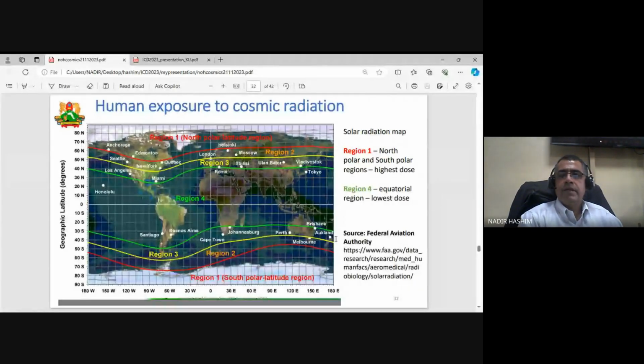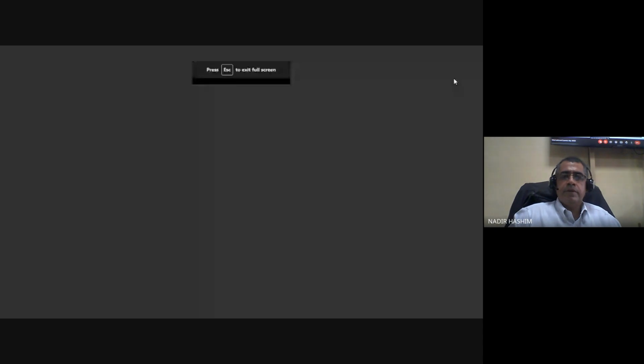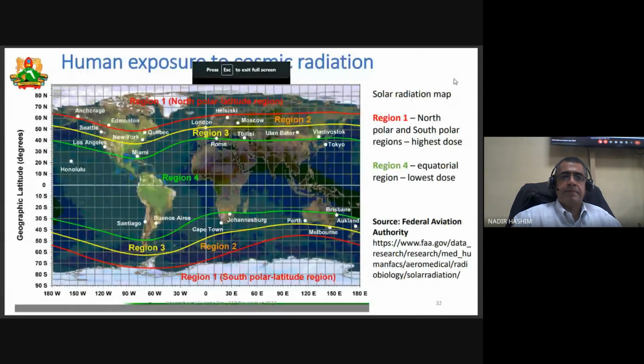And as we have seen in those plots, there is need to regulate the cosmic ray exposure, especially for the aviation workers. So there is some restriction on the flights, routes, as well as the flight durations.